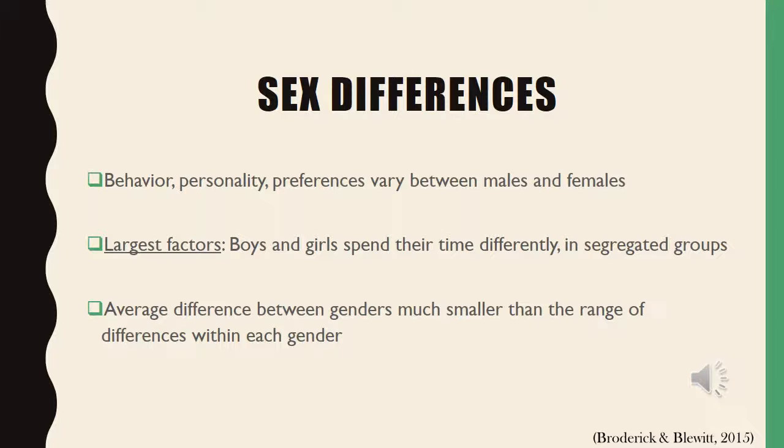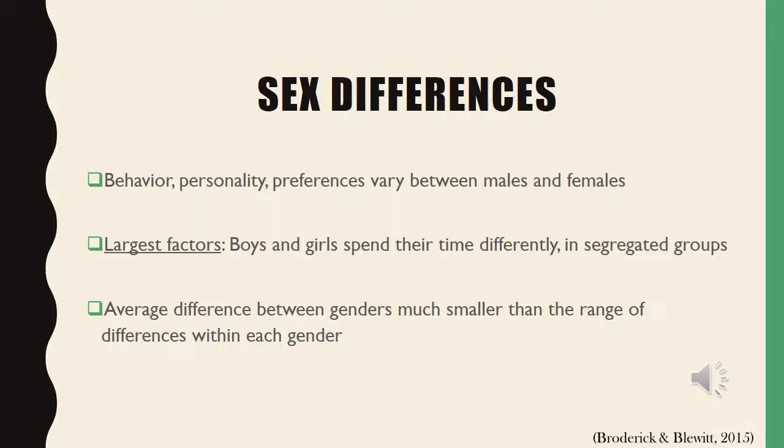And I think it's really important to note, and I appreciate that the book does this, that the average difference between genders, between that dichotomous male and female, is much smaller than the range of differences within each gender. So yes, there are some quantifiable differences, but the differences are much smaller than the within group differences in each gender already.